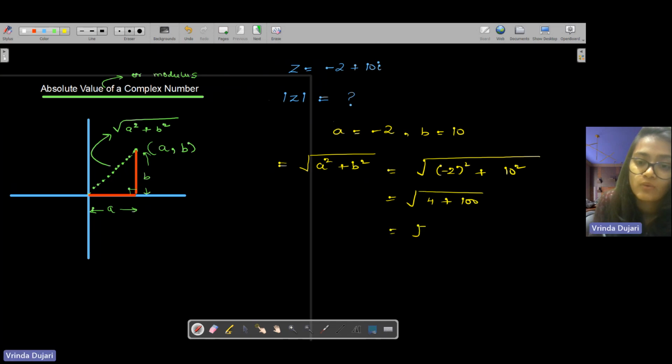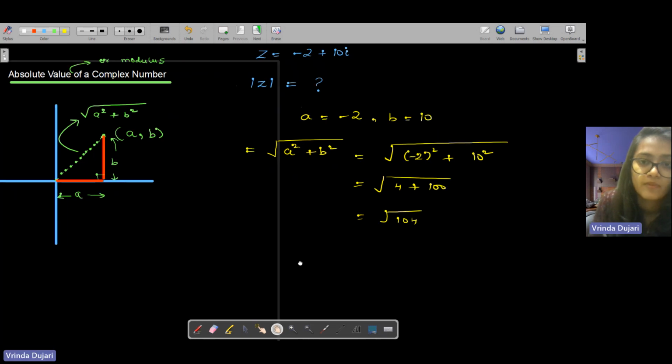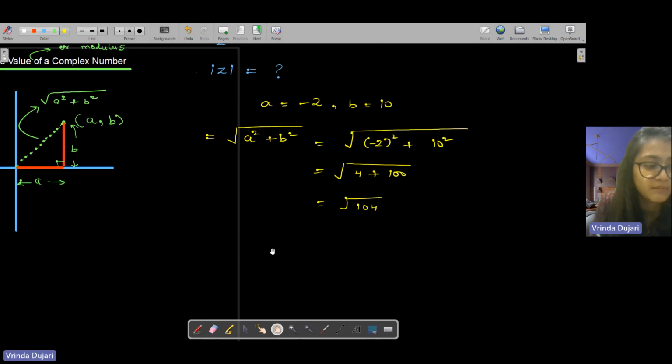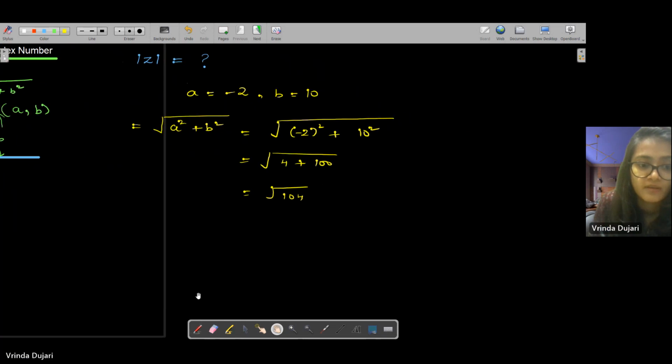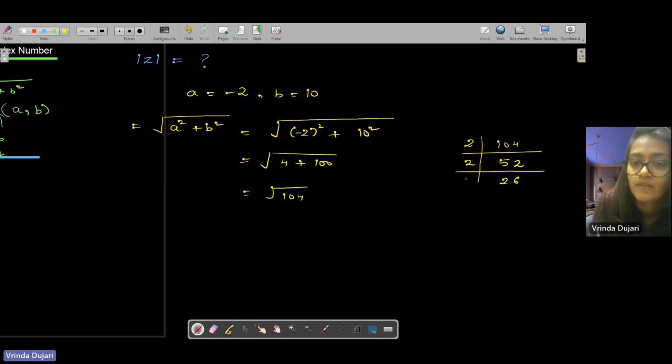So you get square root of 104. Now we will see if we can simplify this. So let's see, 104. This is 2, 52, and 2, and 26, and 2, and 13.